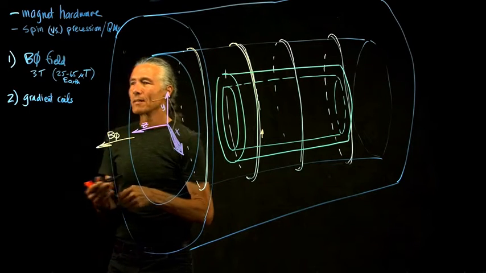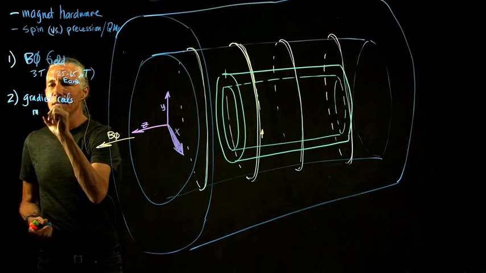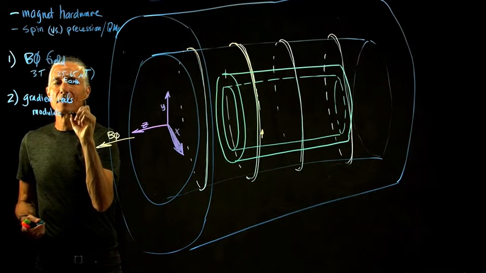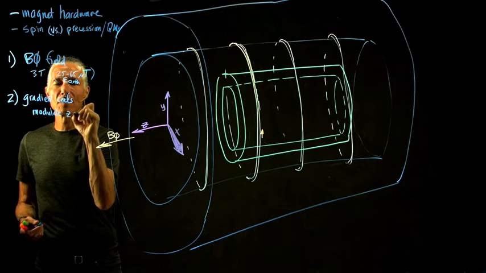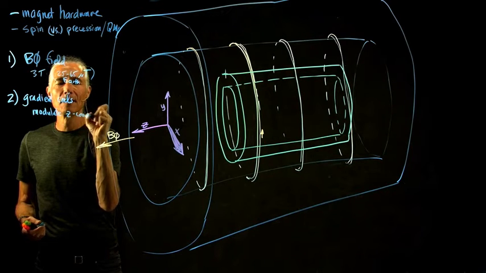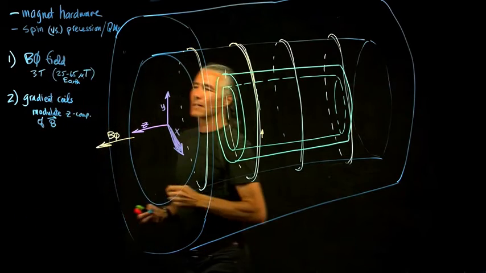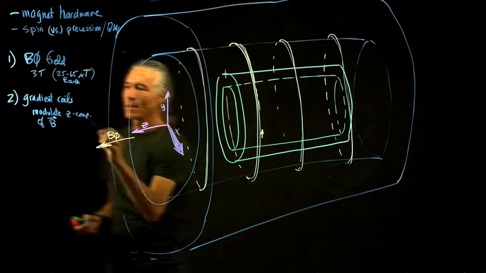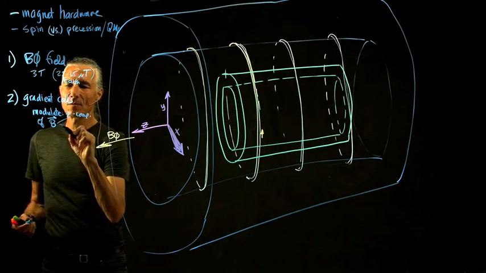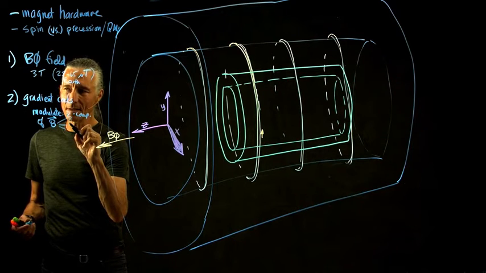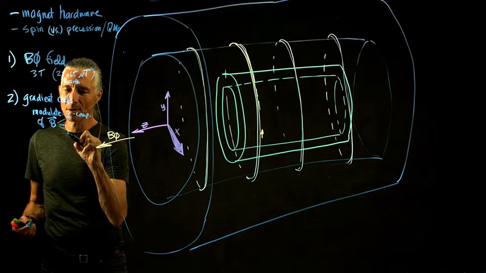So what does that do? It modulates the Z component of B. And then you have 3 different ones. You can modulate the Z component in the x direction, or the Z component in the y direction, or the Z component in the Z direction.